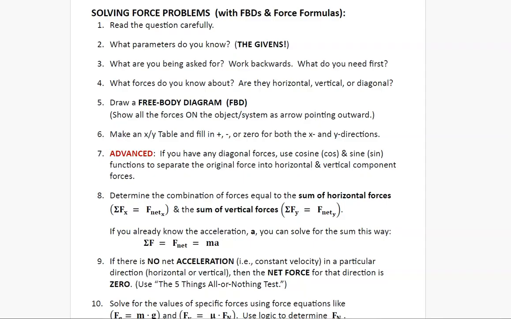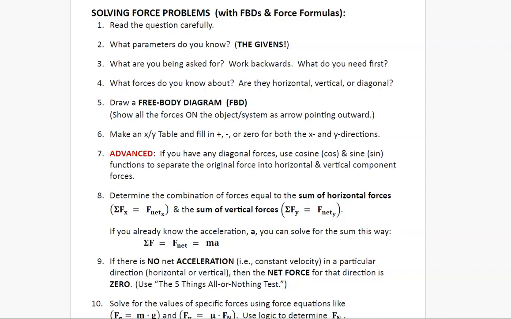All right. Number 6, you're going to make an XY table. What is an XY table? This is a table that's broken up into a grid of four main boxes that refer to the positive and negative direction horizontal, the positive and negative direction vertical, and then there are two other boxes that express the sum of all the horizontal forces and the sum of all the vertical forces, also known as the net horizontal force and the net vertical force.